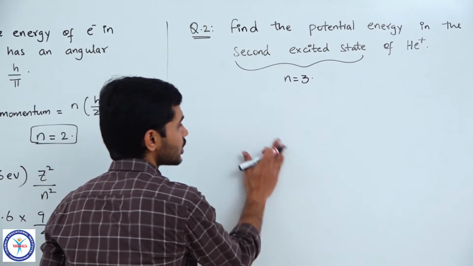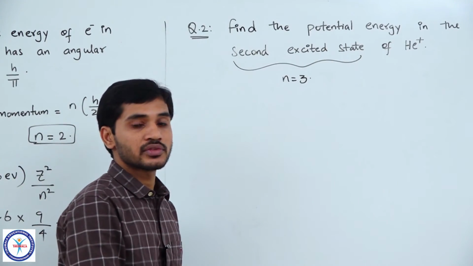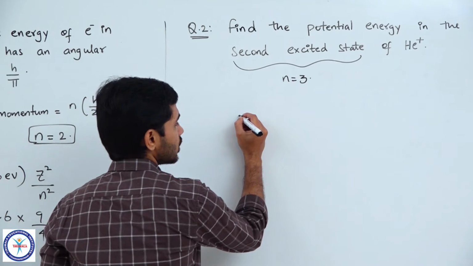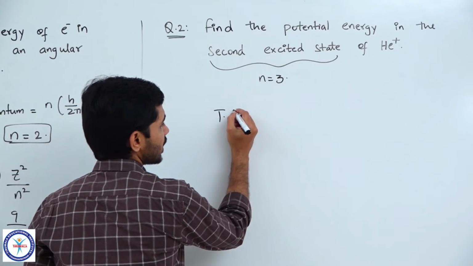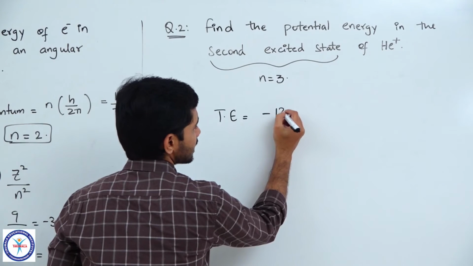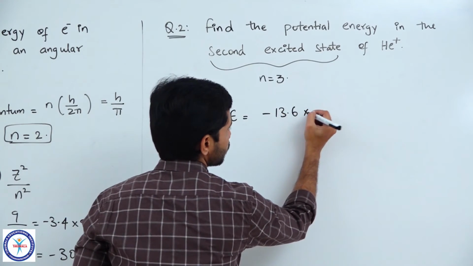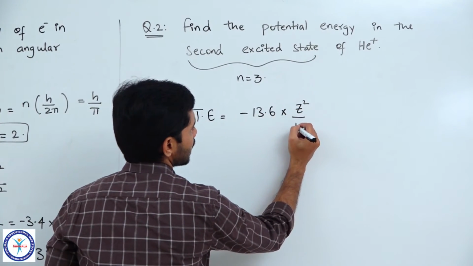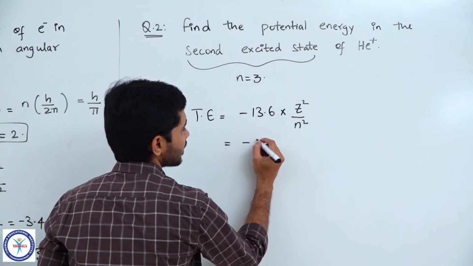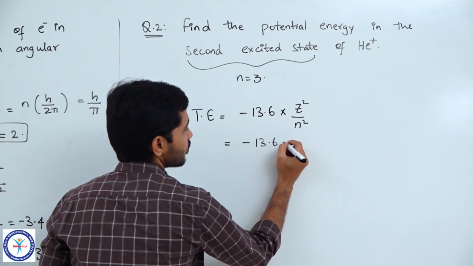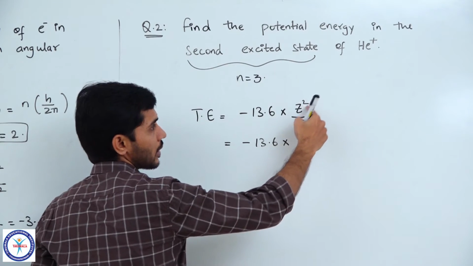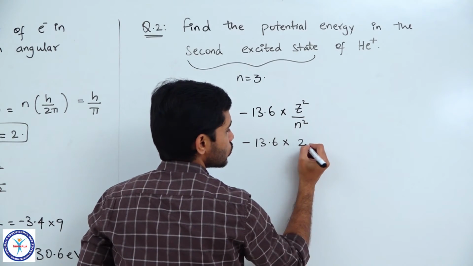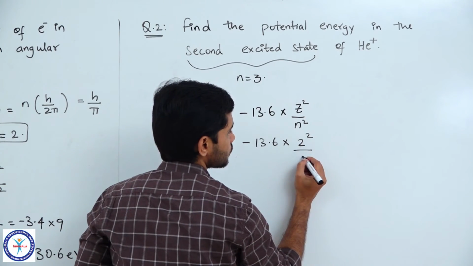First let us find the total energy, then we can find out the potential energy. The expression for total energy of an electron is basically minus 13.6 into Z square by n square. So when I substitute the values, I get minus 13.6 into Z is 2, so 2 square by 3 square.